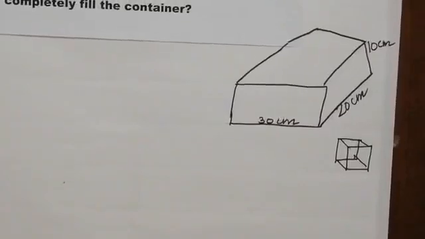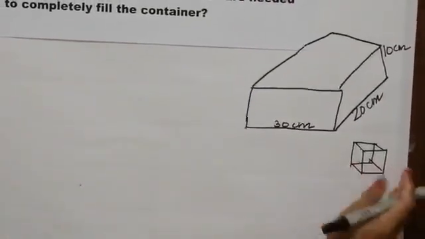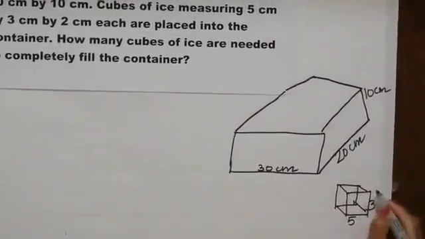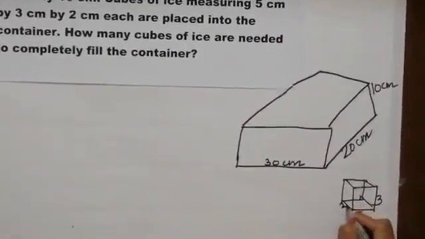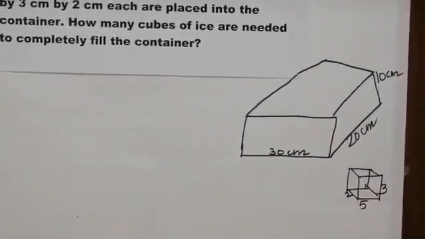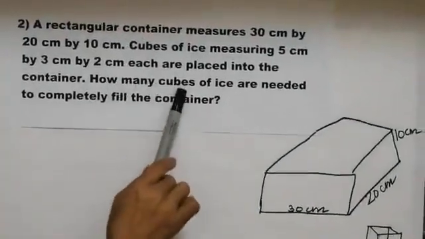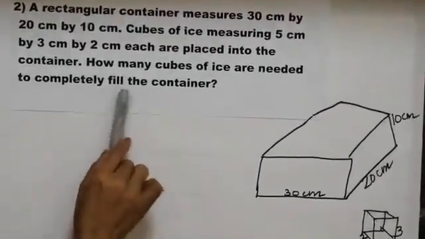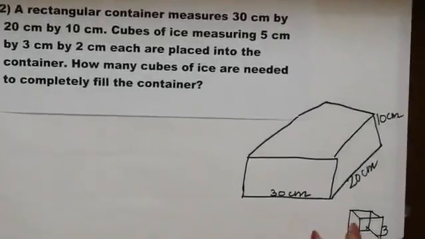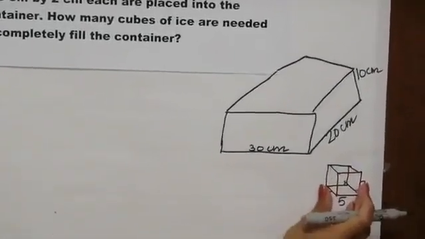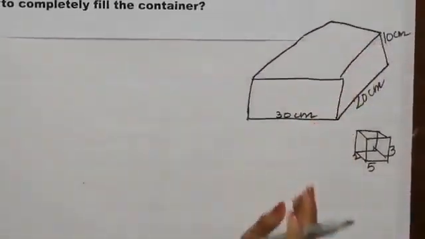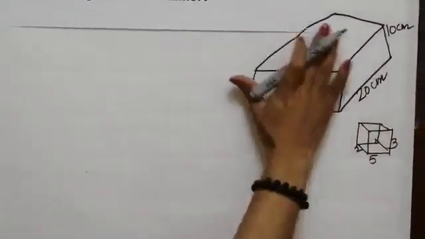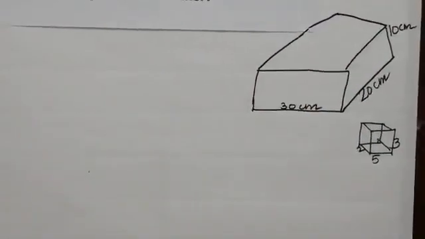The measurements given there are 5 centimeter, 3 centimeter and 2 centimeter. Now, how many cubes of ice are needed to completely fill the container? The question is, when we take cubes of the same measurement and fill this box, how many cubes of ice do we need to completely fill this container?